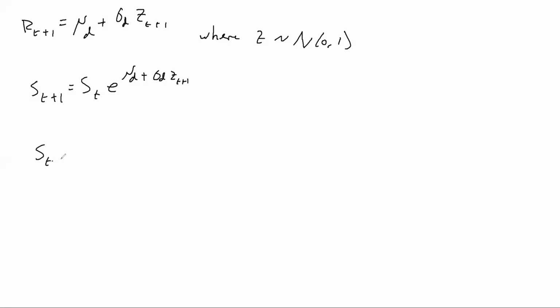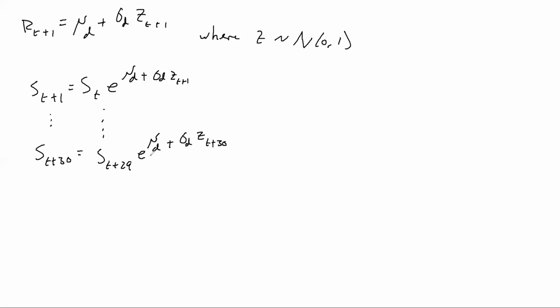S t plus 30 would be equal to s of the day before, so t plus 29, multiplied by e to the power of our daily mean return plus our daily volatility multiplied by z, which is what we're going to simulate, of z t plus 30.